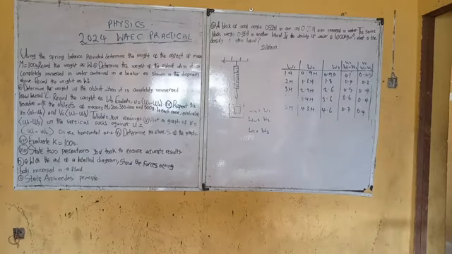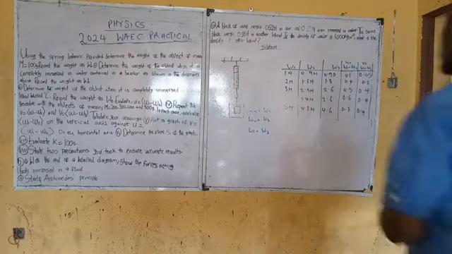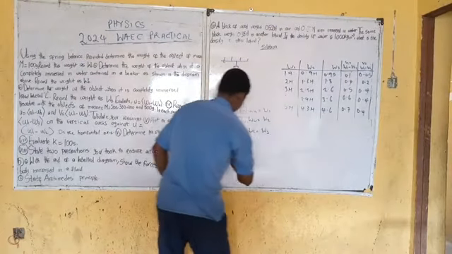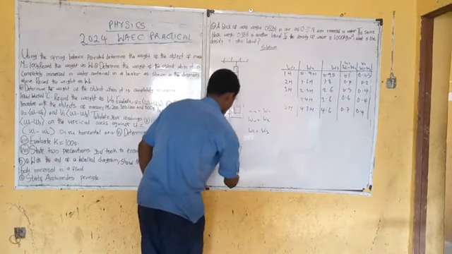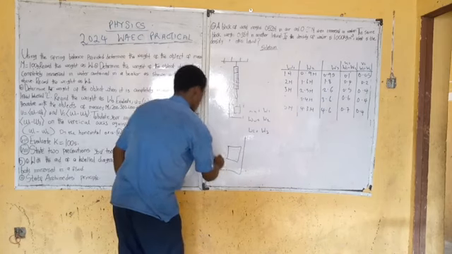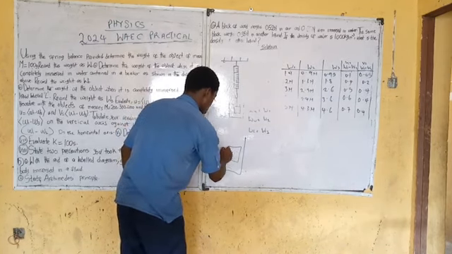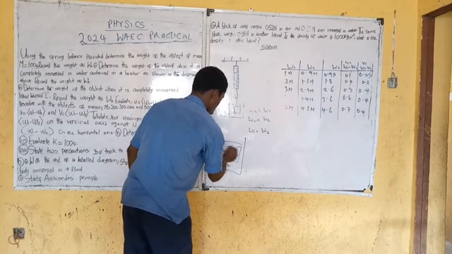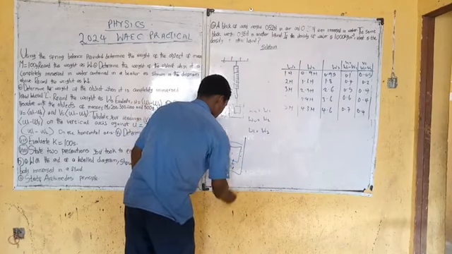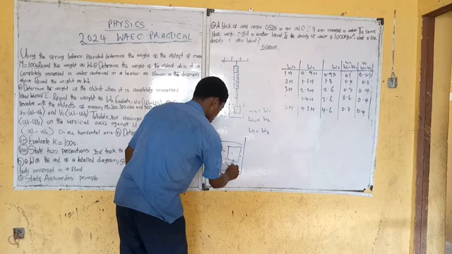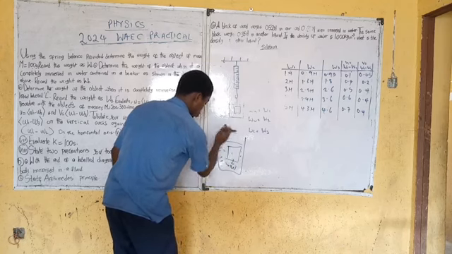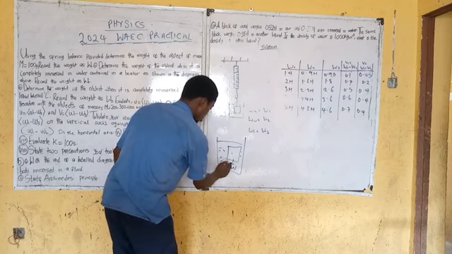When a body is immersed in a fluid, the weight of the body acts downward, and there's a force exerted by the water at the bottom of this object. That one acts upward.